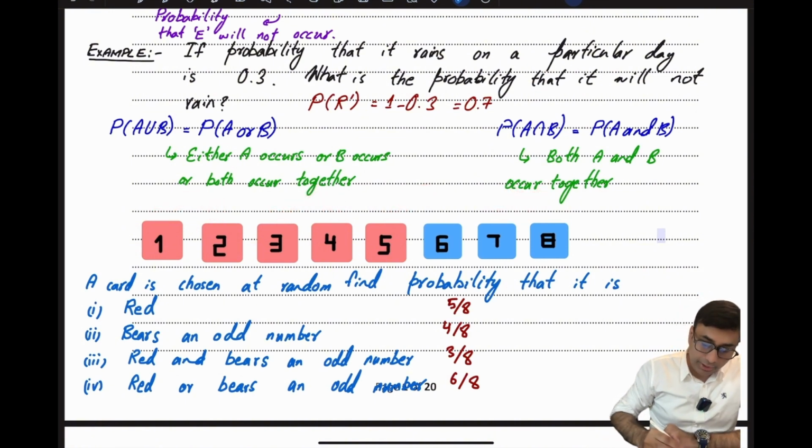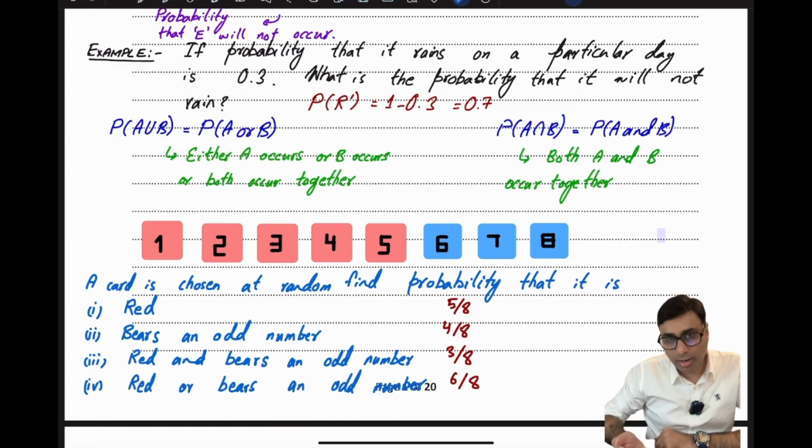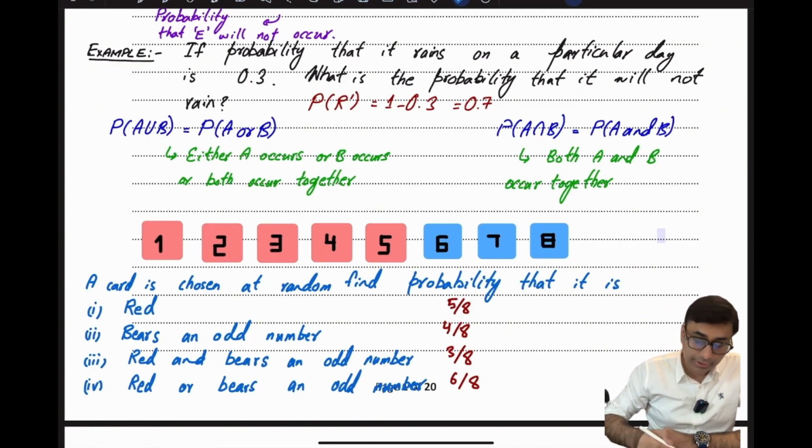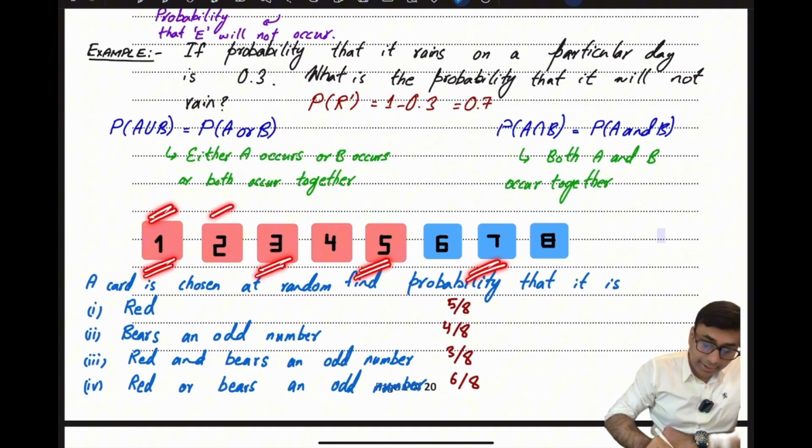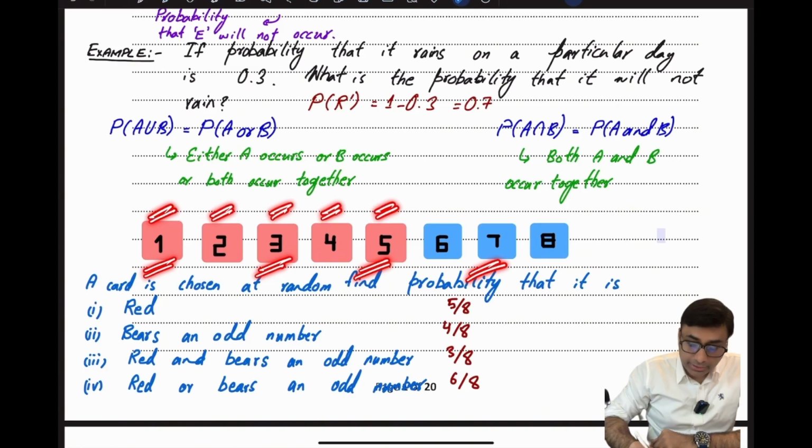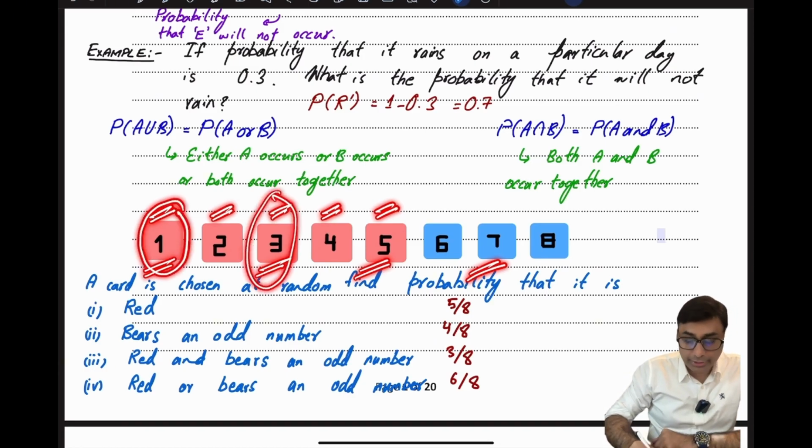Likewise, if you're looking to calculate the probability of red or bears an odd number, it can be only red, it can be only bearing an odd number, or it could be red as well as bearing an odd number. So I will include those cards which are odd numbered, I will include those cards which are red, and if there is a card which is red and odd numbered, obviously that would be included as well.